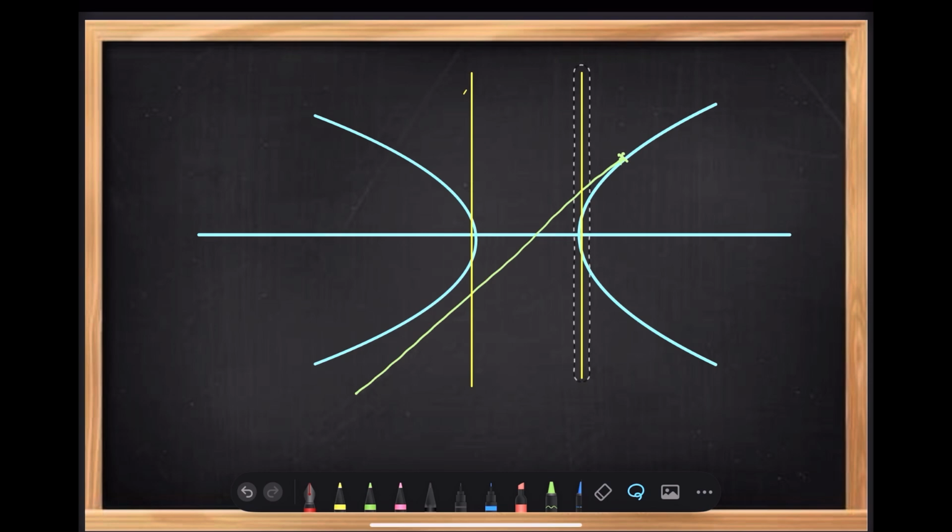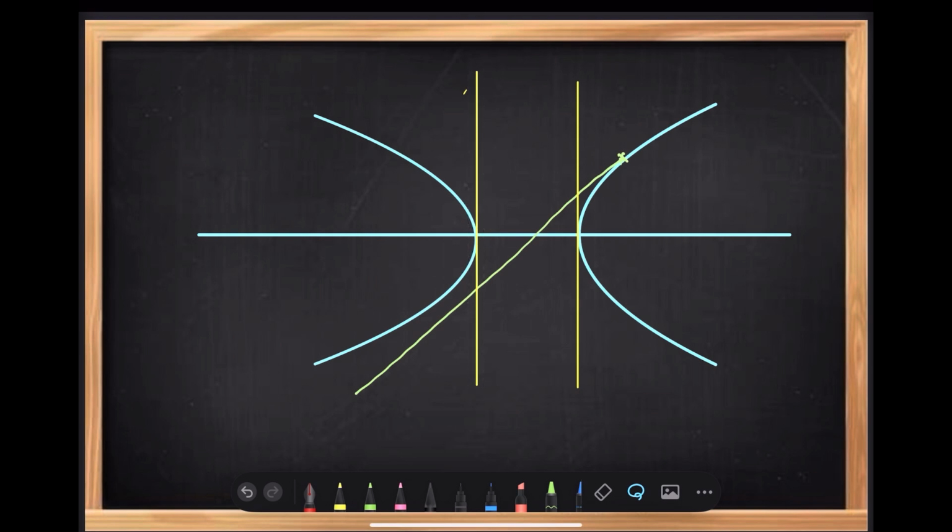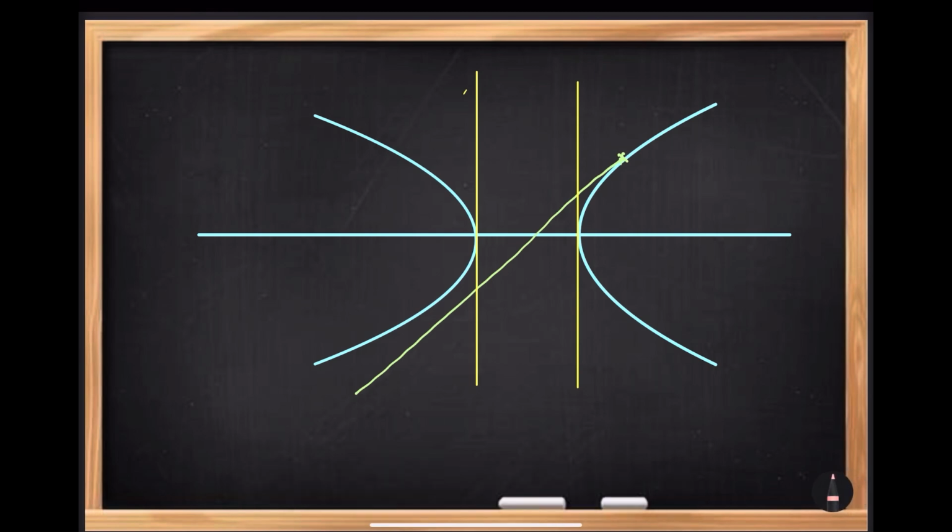So suppose that these are the two tangents at the vertices. This is intersecting at this point, and this is intersecting at this point.